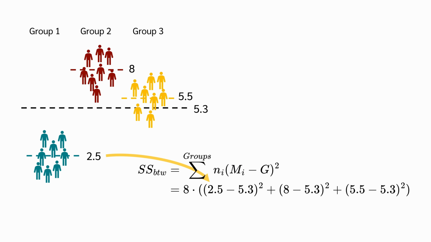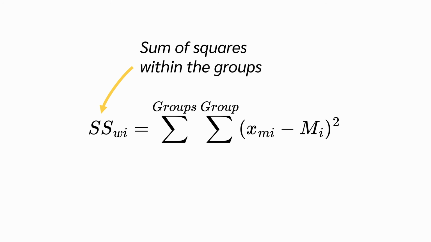So we get 2.5 minus 5.3 squared plus 8 minus 5.3 squared plus 5.5 minus 5.3 squared. The sum of the squares between the groups is therefore 121.3.